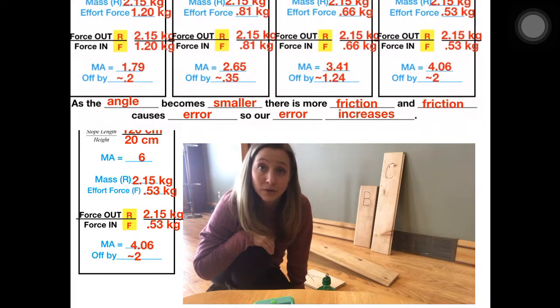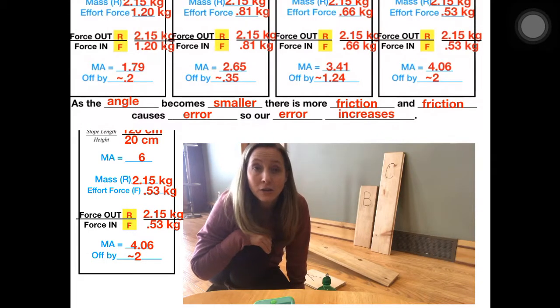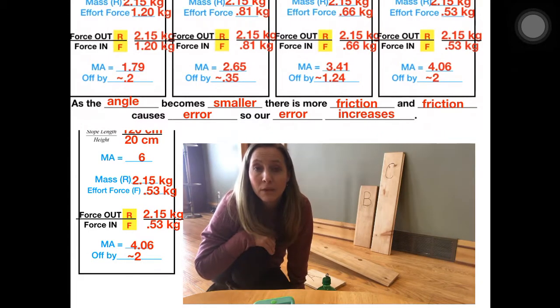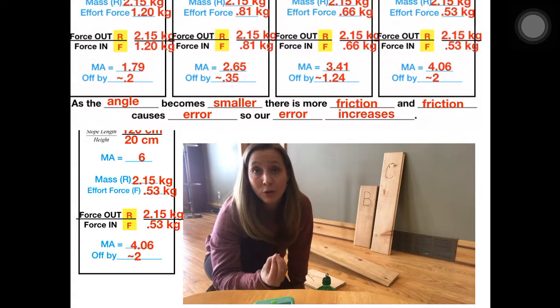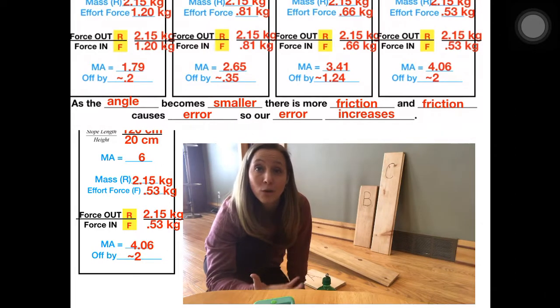You're just dealing with the measurements. But when we are actually doing the experiment and looking at the force we're putting in, there's a force of gravity pulling on that. Gravity pulls the same, but because of the friction, the flatter it is, the more friction there is. So that is why our error increased.